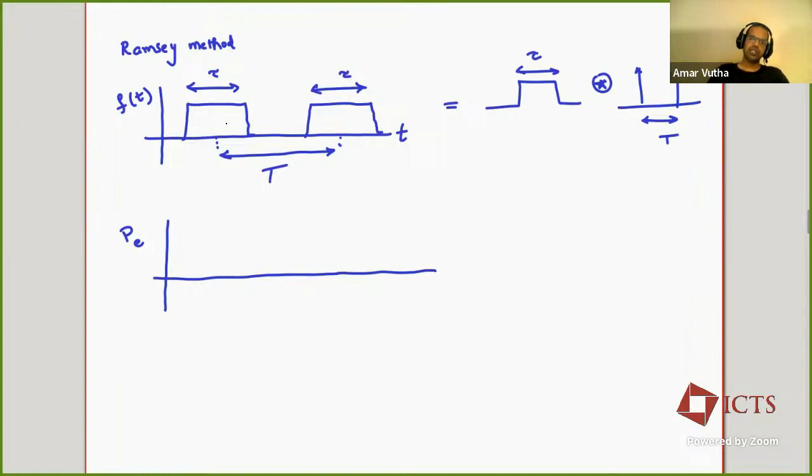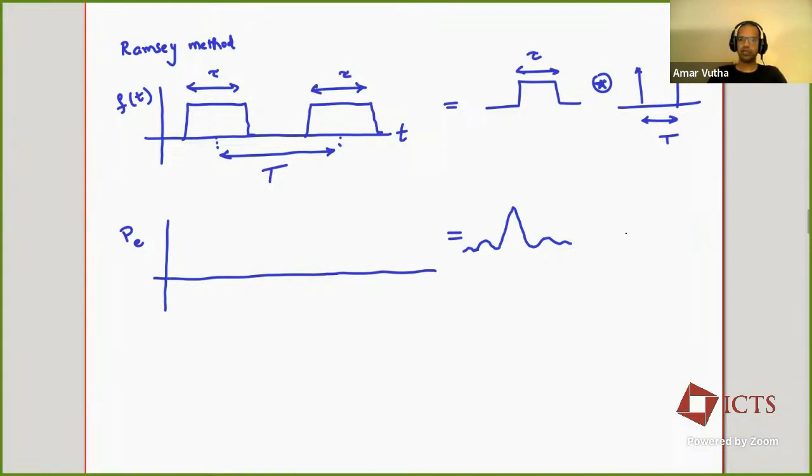And so if you realize that the Ramsey pulse envelope is just a convolution, then your life is super easy, because a convolution in the time domain just looks like a product in the frequency domain. And so in the frequency domain, all we should be doing is looking at a product of the sinc function, which we already know about, which came from the square pulse, with the Fourier transform of a pair of delta functions.